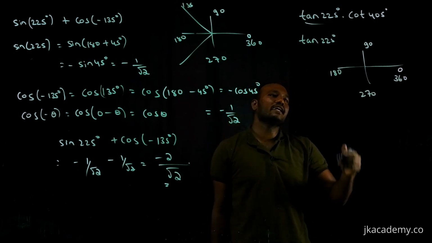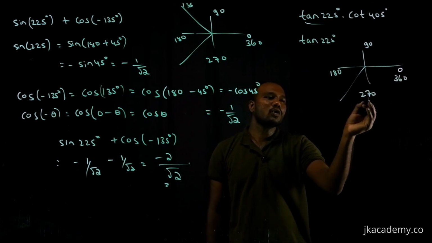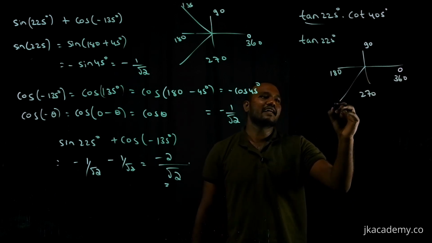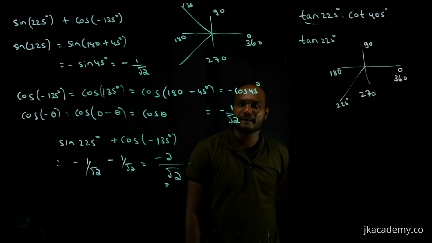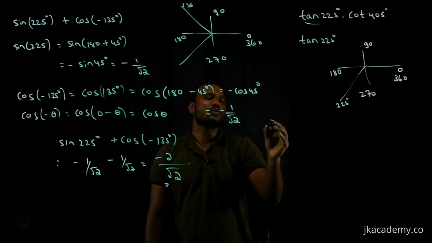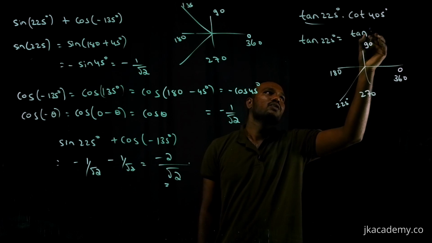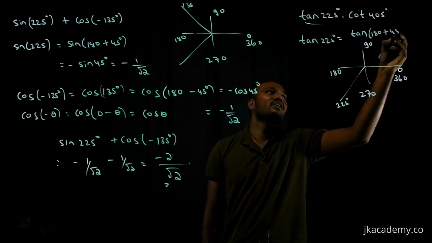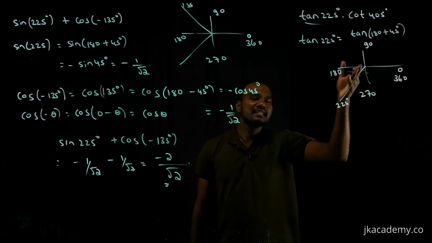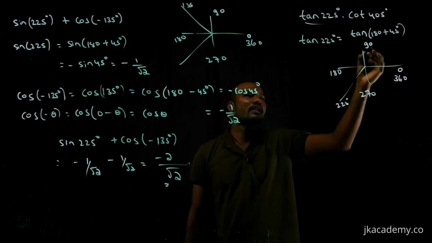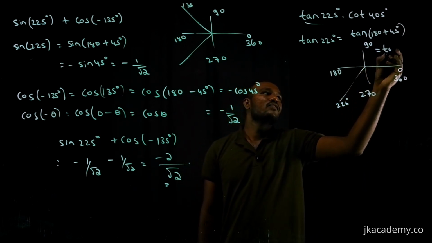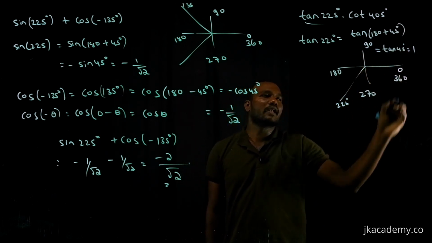Where is 225? It is above 180 degree, below 270 degree. So this line is the 225 degree line, right? So this can be written as what? Tan of 225 can be written as tan of, it is more than 180, so 180 plus 45 degree. We can see this is in third quadrant, right? So in the third quadrant tan 45 degree is equal to 1, right?